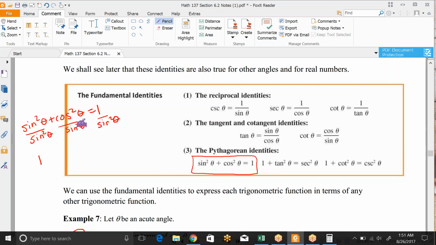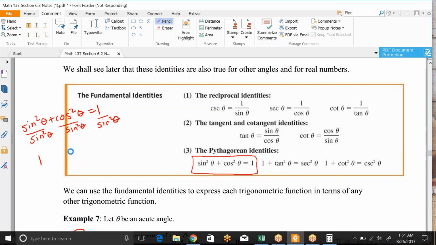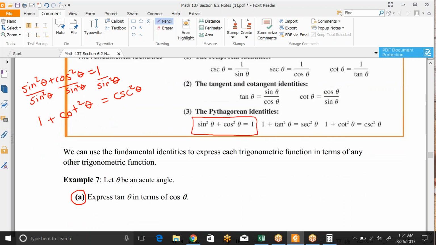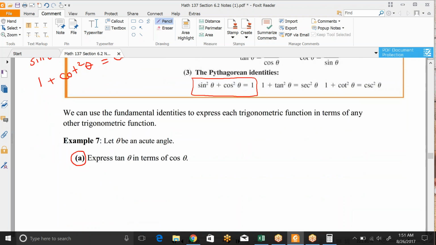Cosine squared over sine squared is cotangent squared, because that's cosine over sine, and it'll be squared since there were 2 of them. So this would be cotangent squared theta. And 1 divided by sine squared theta is cosecant squared theta. So notice that's this third one over here. To get the middle one, you just divide everything in the original by cosine squared theta. So that's just interesting to note.